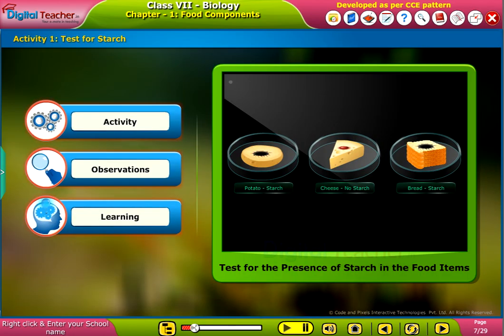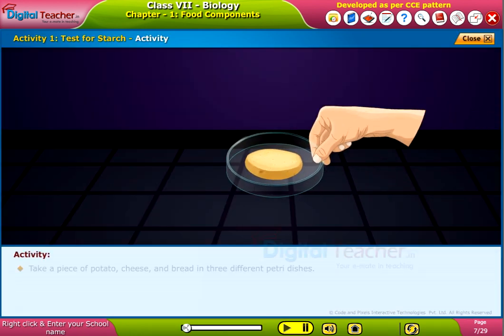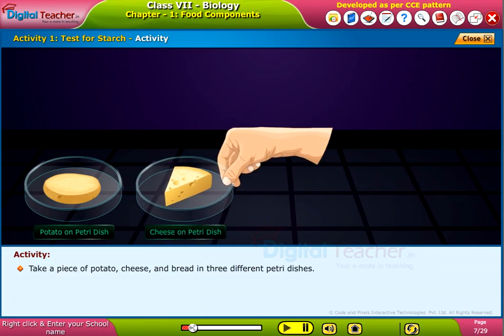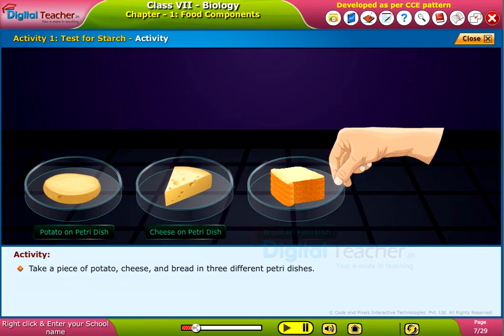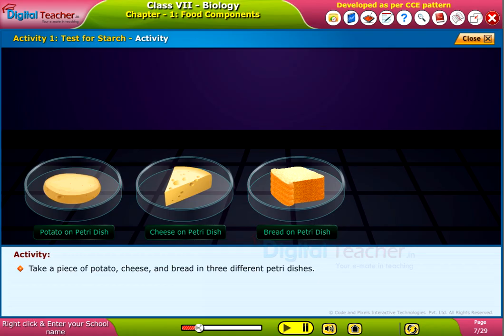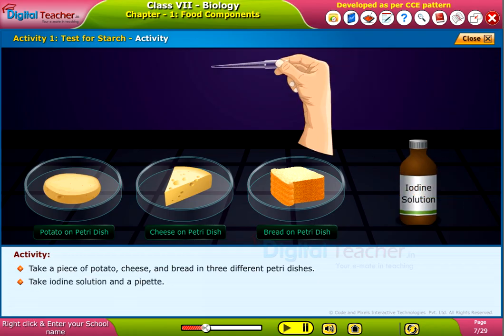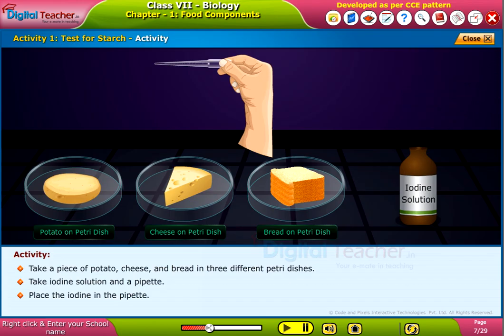Here, let us perform an activity to test for the presence of starch in food items. Click each tab to know more. Take a piece of potato, cheese, and bread in 3 different petri dishes. Take iodine solution and a pipette. Place the iodine in the pipette.